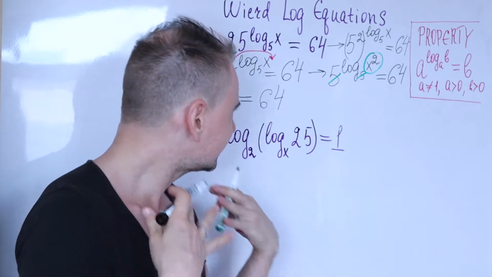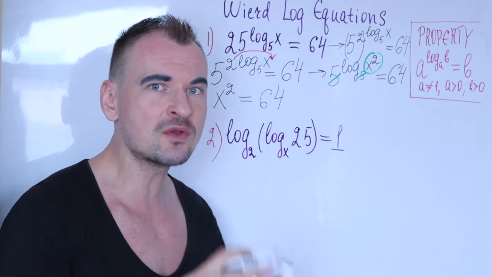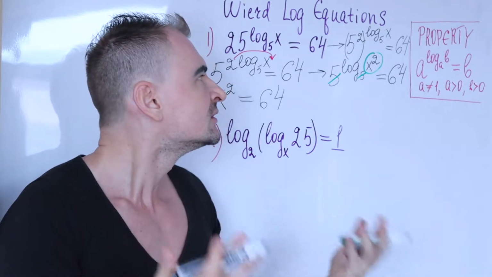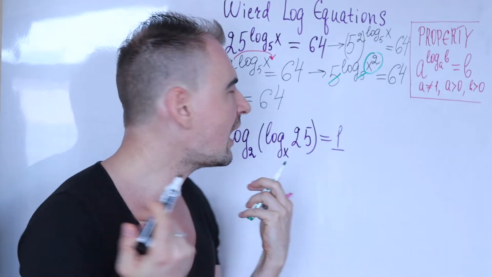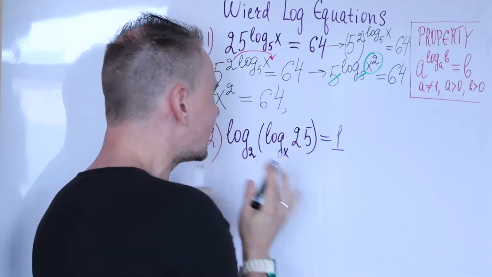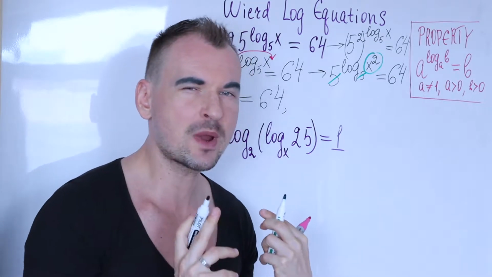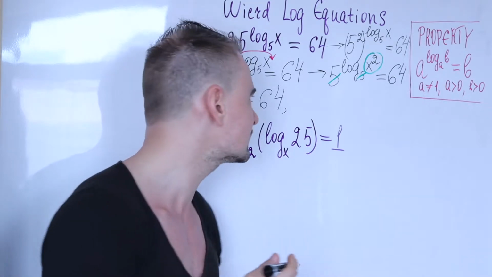Alright, so it's getting better and better. And now it's just algebra, no log at all. We left it behind, and since you have a simple quadratic, you could use the square root property for this quadratic.